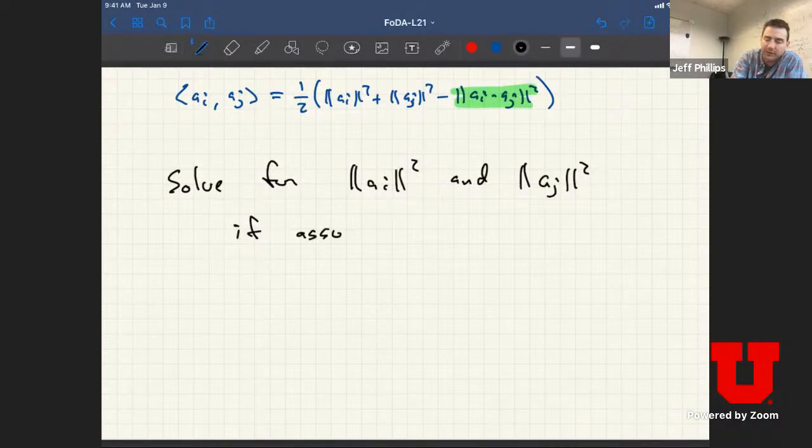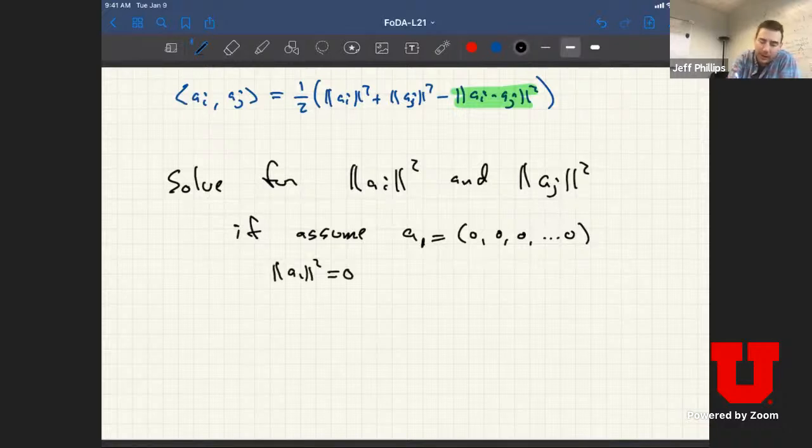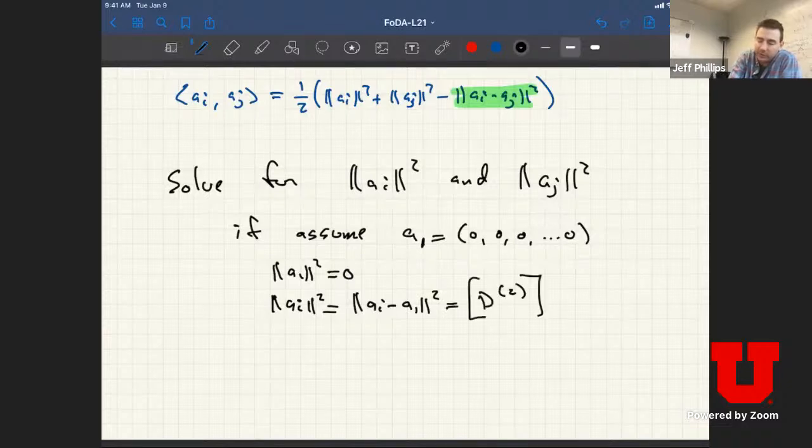Okay, so I can solve for these if I assume, let's say, that A1, I'm just going to arbitrarily pick the first data point, is the origin. If I assume the first data point is the origin, then I know that A1's norm squared is equal to 0, and AI's norm squared is equal to the norm of AI minus A1 squared, because A1 is all zeros, and this is equal to, in my squared distance matrix, the entry I1.